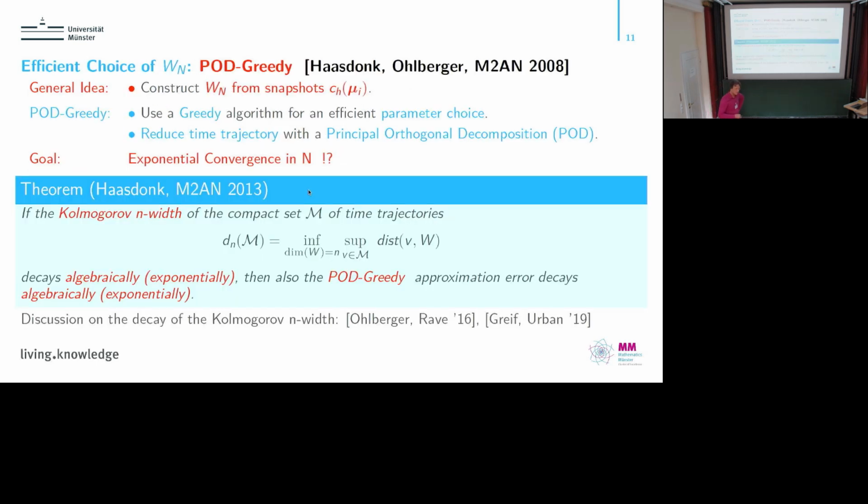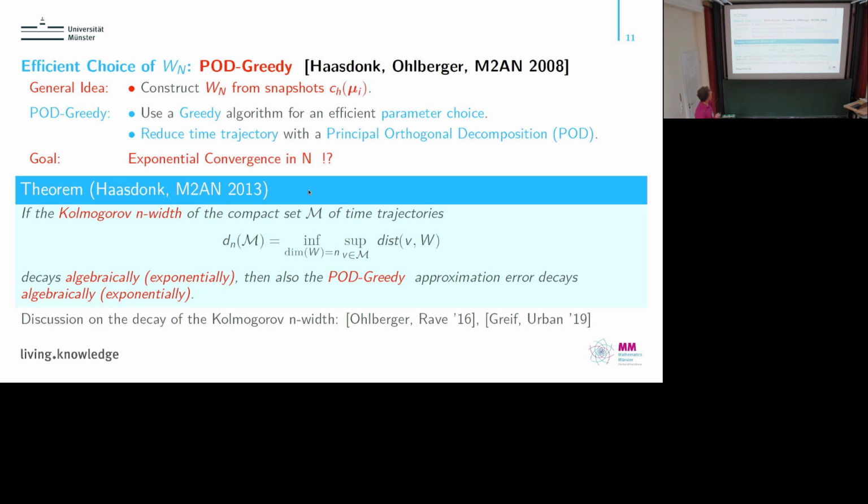So for what I already indicated, the POD greedy method that we suggested quite some time ago, we have optimality results, and the POD greedy is for time-dependent problems, and it works in the following way. So we have an efficient a posteriori error estimator. We start with an empty basis and iteratively build a reduced space.